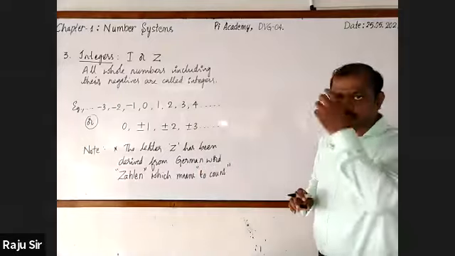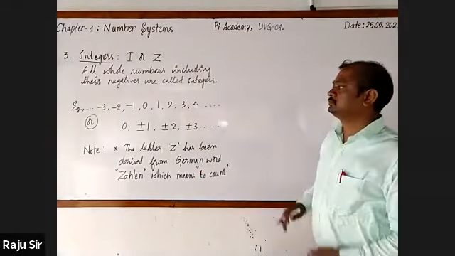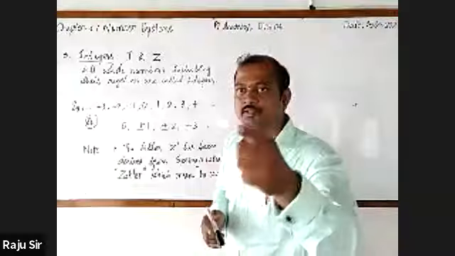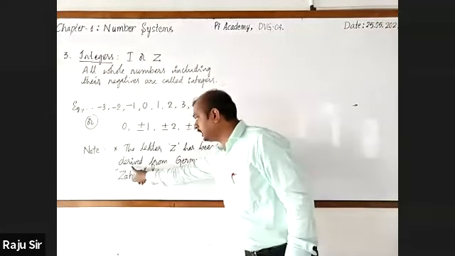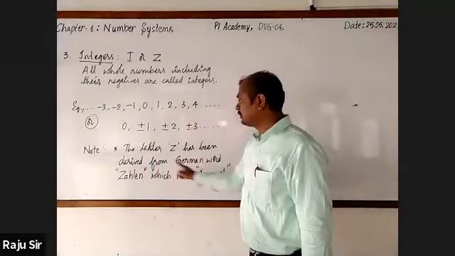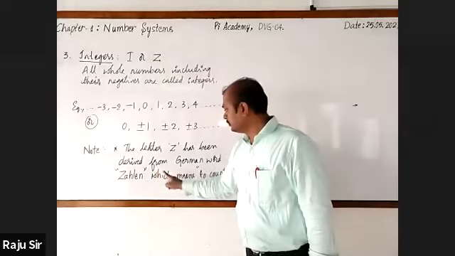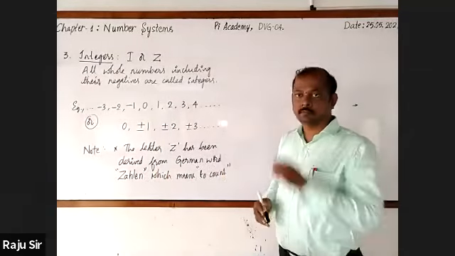Z has been derived from the German word Zahlen, which means to count.